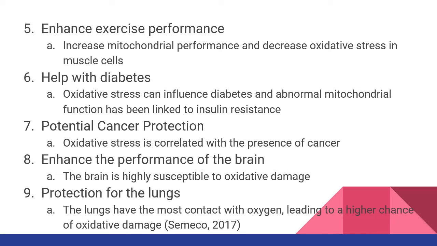It can also help exercise performance by decreasing oxidative stress. It can help with diabetes, because oxidative stress can influence diabetes, and abnormal mitochondrial function is linked to insulin resistance. Oxidative stress is very characteristic of cancer, so it helps with that.